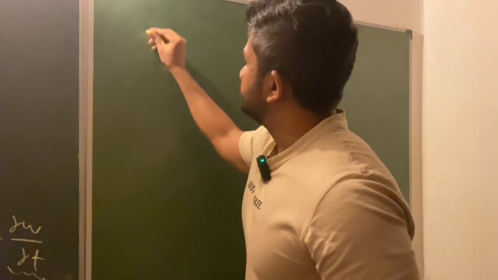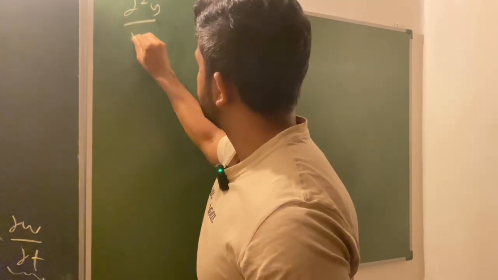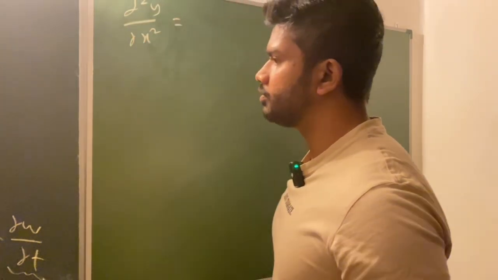So now we have double squared y over double x squared as my next term. I want to find it out now.